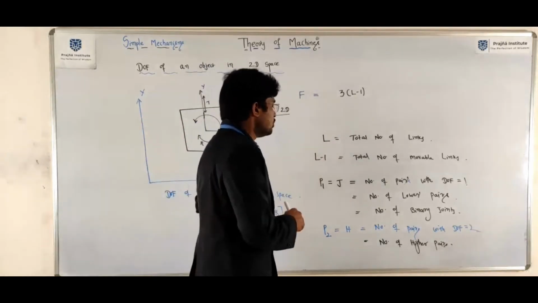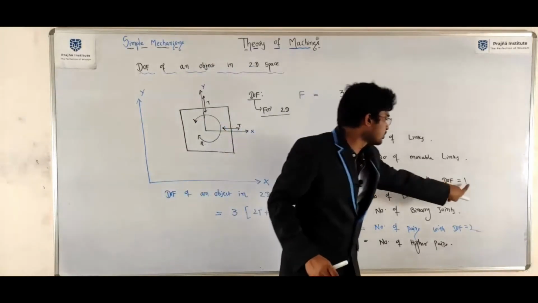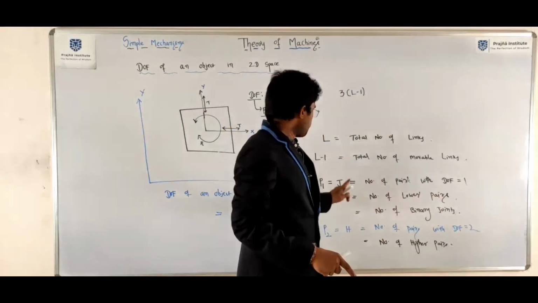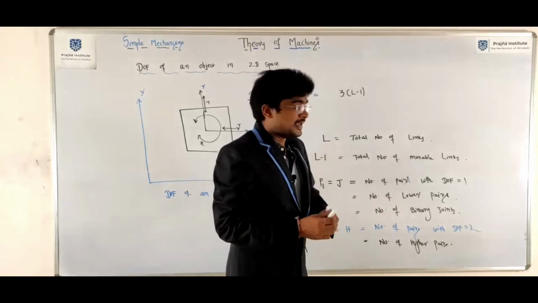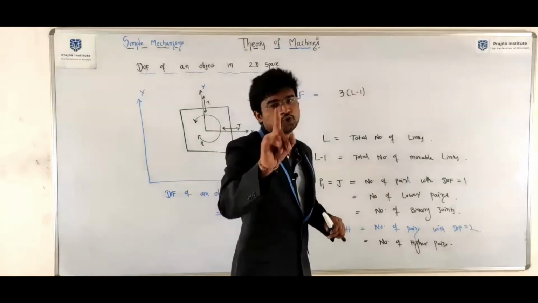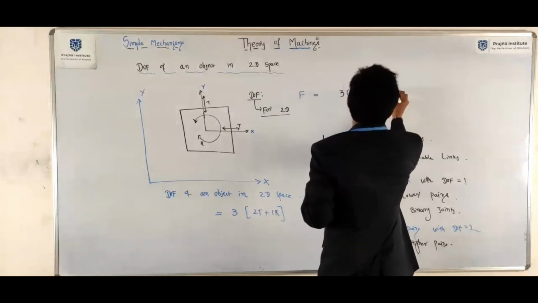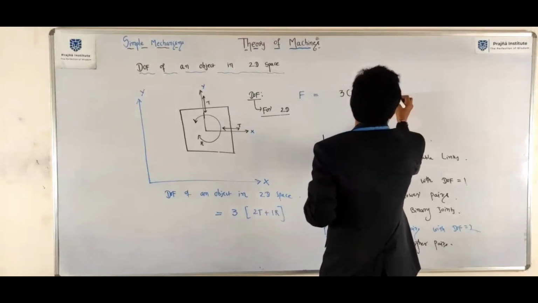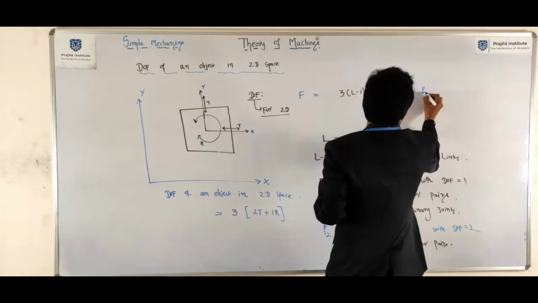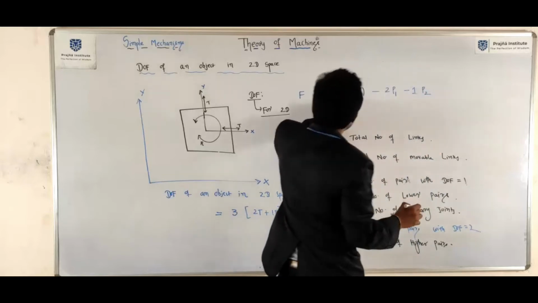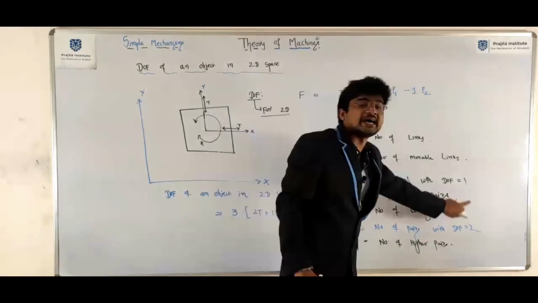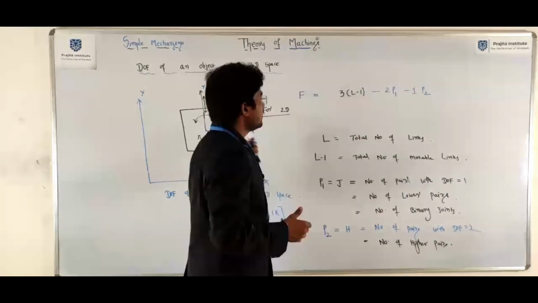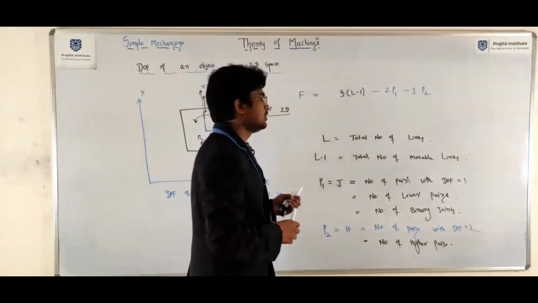So here, total number of motions allowed is 1 for pair 1, P1, for binary joints or lower pairs. Number of motions restricted here is 2. So that is minus 2 into P1 minus 1 into P2. P1 means lower pairs allowing 1 motion, with 2 motions restricted in the plane.